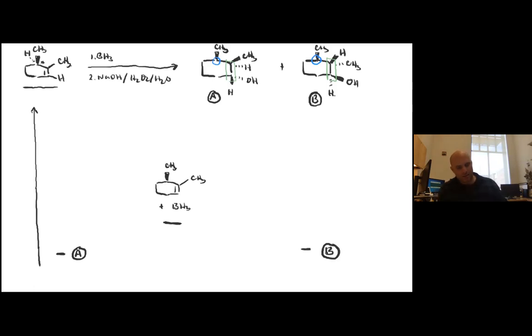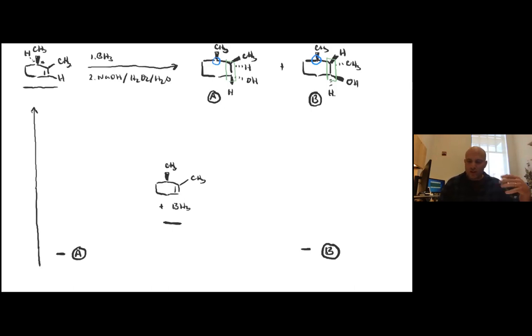And I'm not trying to imply anything between the relative energies of the two products. So they're not equal. I don't know which one's higher or lower. What we're really concerned about are the transition states. So effectively just ignore the vertical positions of A and B.